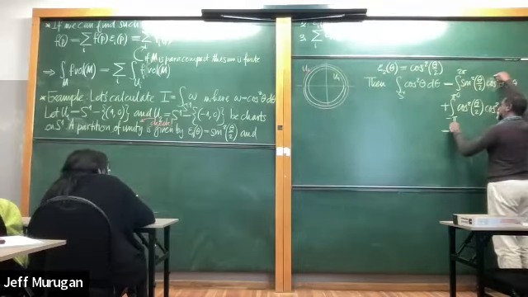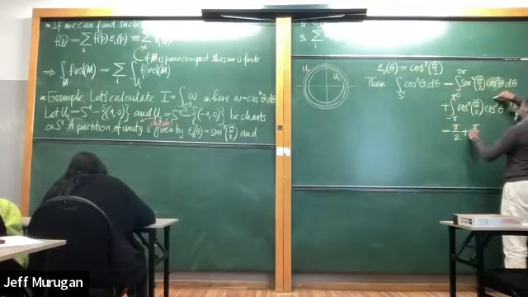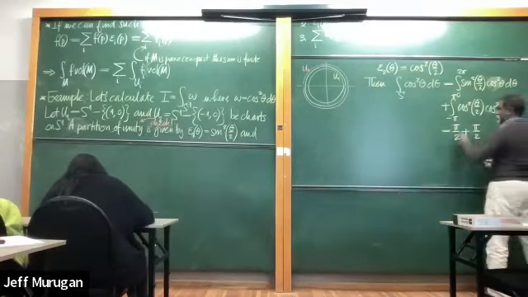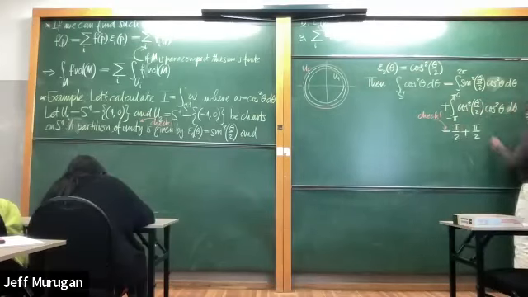This integral is pi over 2. This integral is pi over 2. Check this. And so the result is, as we would expect, pi.